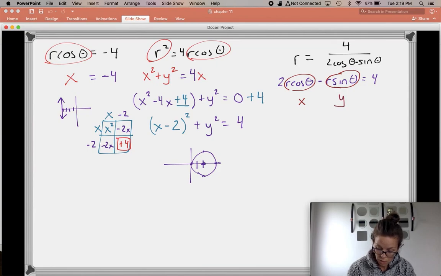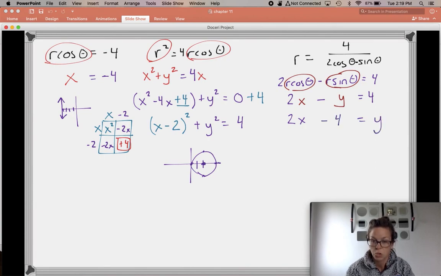So we get 2x minus y equals 4. And now it's an xy equation, and that's really good enough as far as a conversion goes. But if we go ahead and turn it into y equals mx plus b form, we'll add the y over there, subtract the 4 over there, and now we can see this y equals mx plus b equation. It has a slope of 2 and a y-intercept of -4.